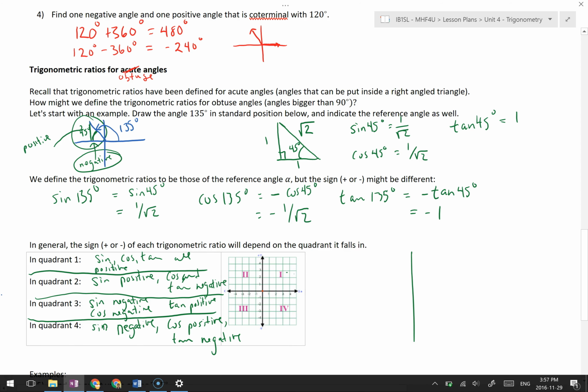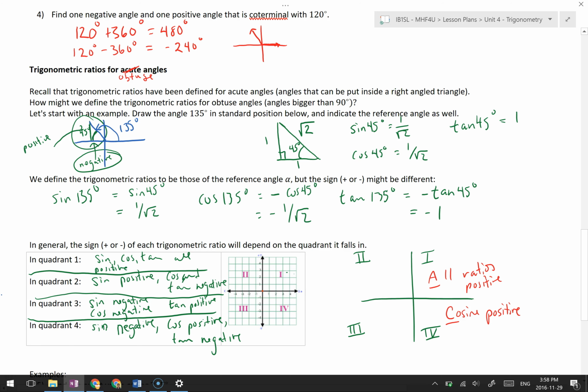So we have a convenient acronym to remember which ratios are positive in which quadrant. So let's look at each quadrant, 1 through 4. In quadrant 4, remember what's positive there? Cosine. Cosine is positive, and only cosine is positive. In quadrant 1, all ratios are positive.